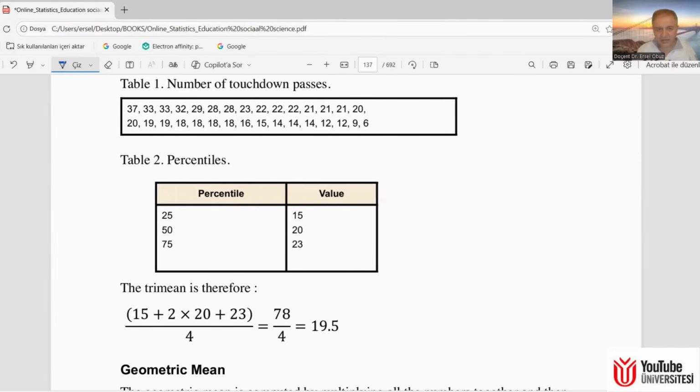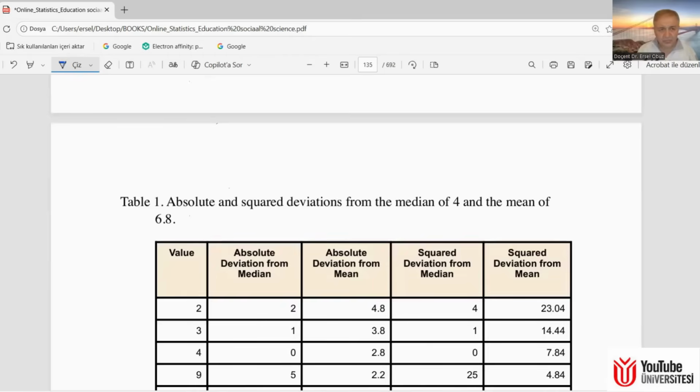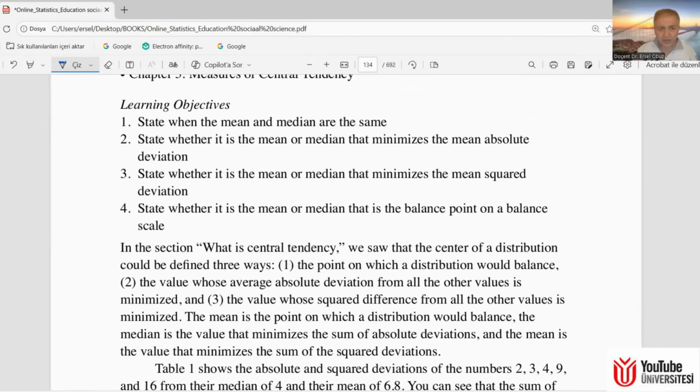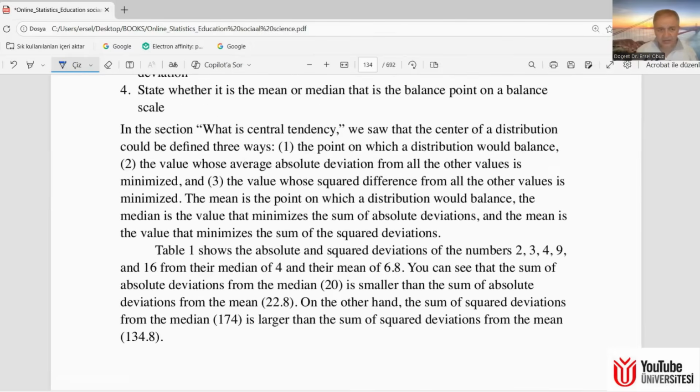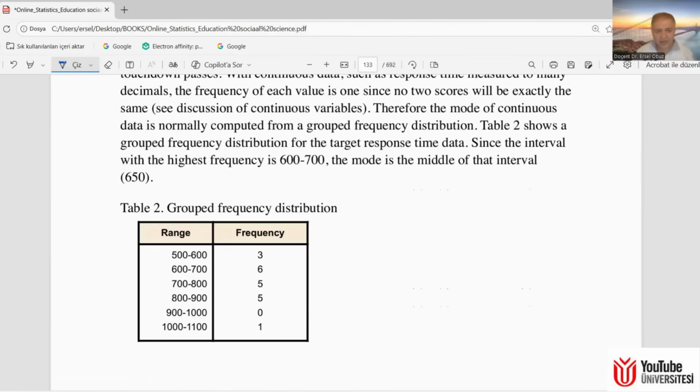I didn't get into it. I can show you how. We can just finish this. When you have a grouped frequency distribution, let's get the median, mode, and arithmetic mean in this case.